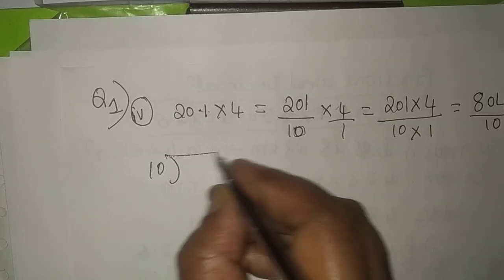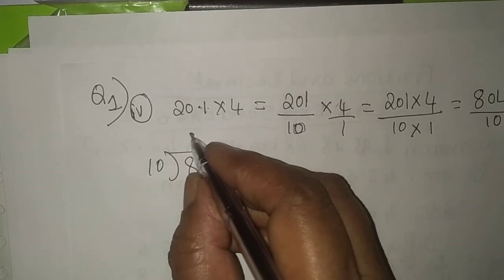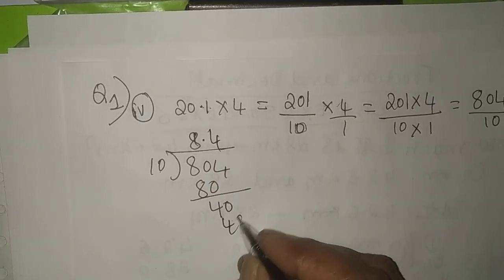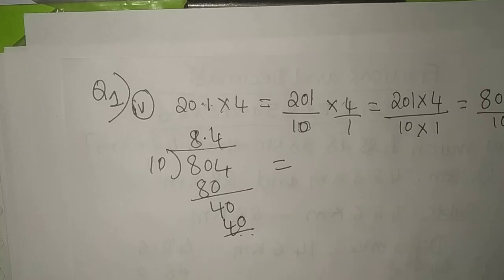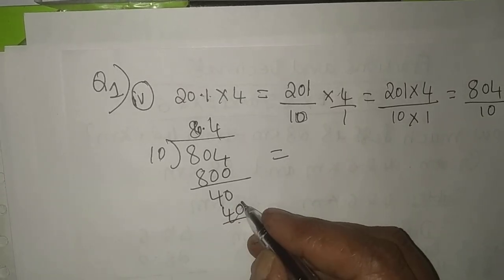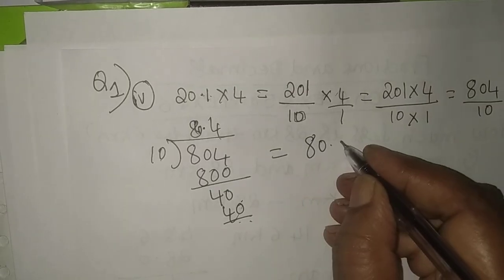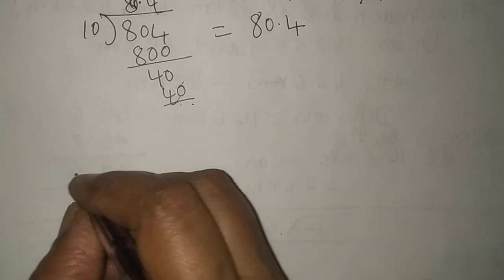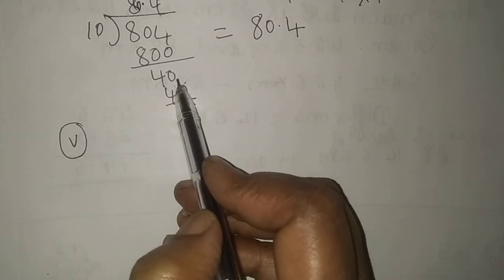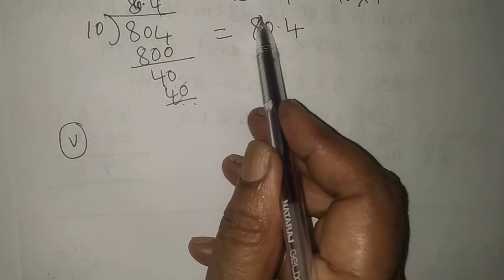Then 10 divided into 804: 10 8s are 80, then bring 4 down, put a point, put a 0, 10 4s are 40. Therefore we get 80.4 as the answer.